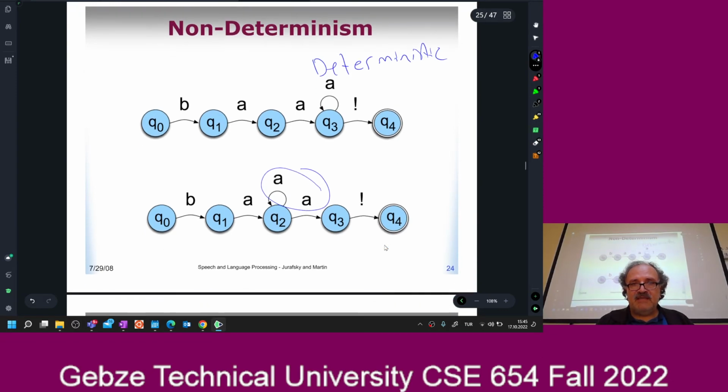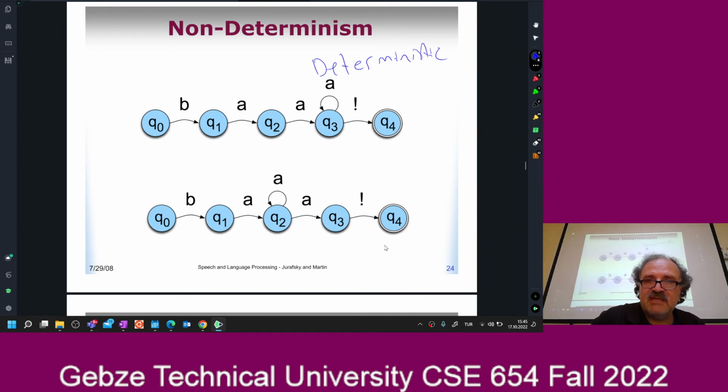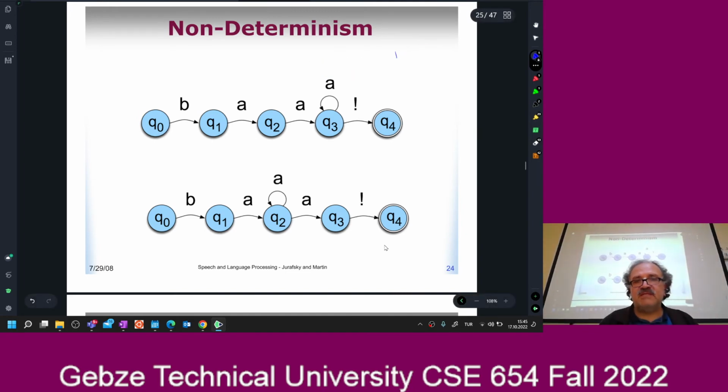And the same thing again here. So these two are non-deterministic, right? They are not deterministic. Both of them are non-deterministic, but they are equivalent. They accept exactly the same language.